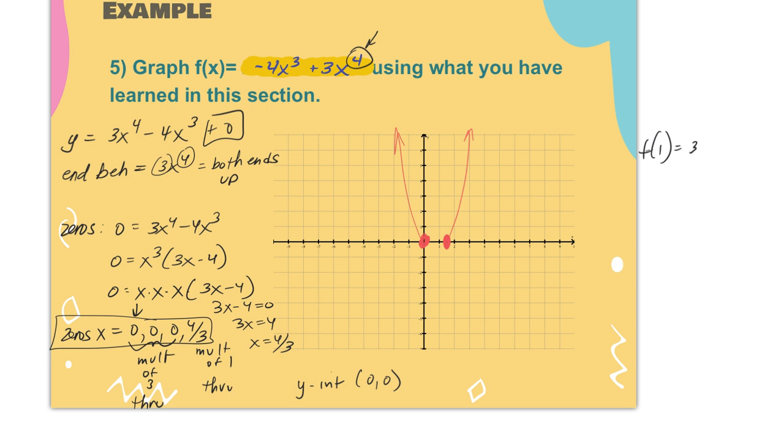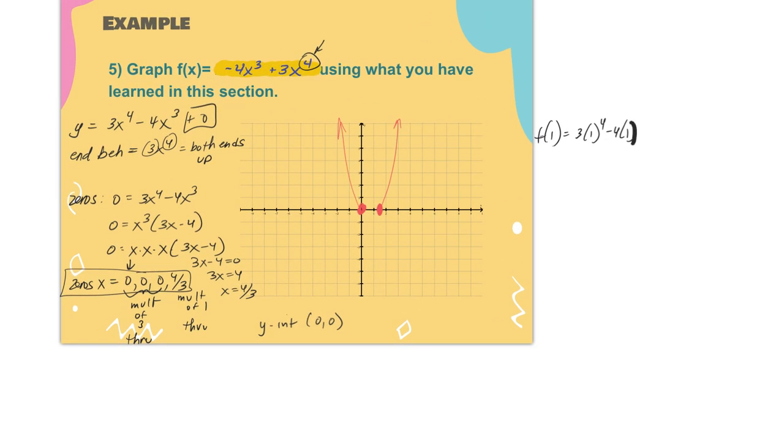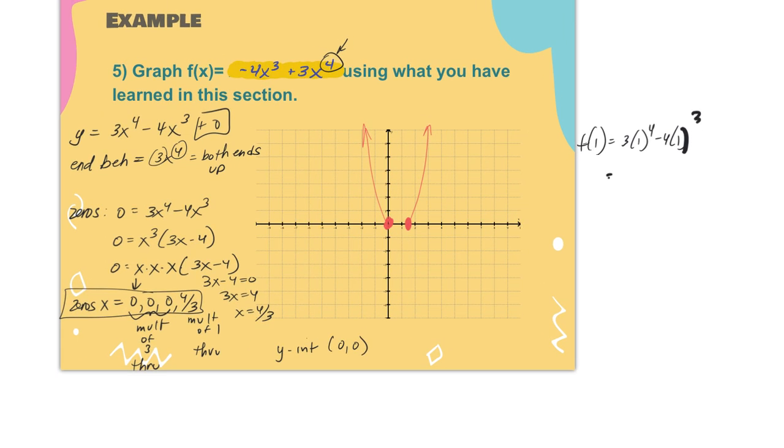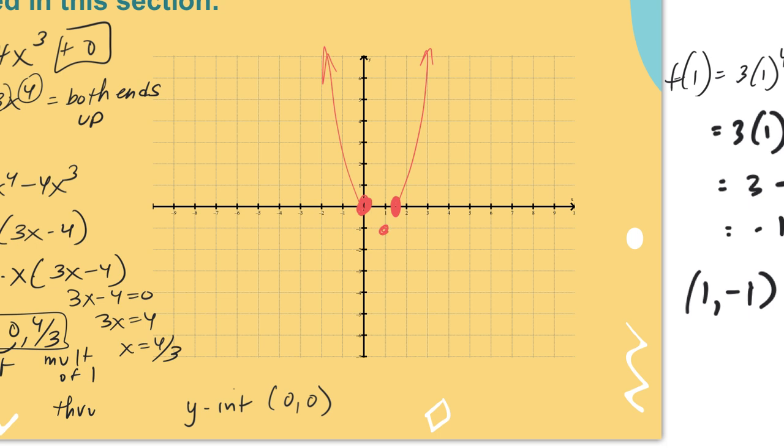So 3 times 1 to the 4th power minus 4 times 1 to the 3rd power. Okay, so I've got 3 times 1 minus 4 times 1. So it's 3 minus 4, or negative 1. So when x is 1, y is negative 1. So that's an additional point.